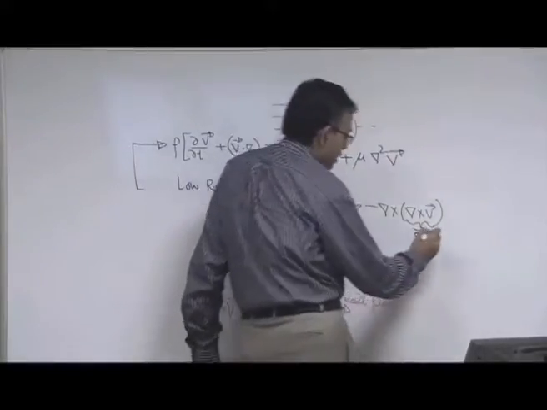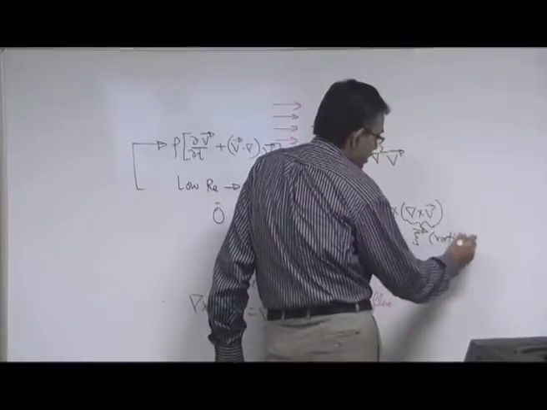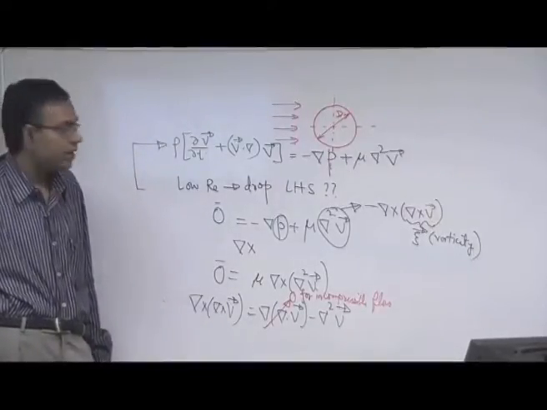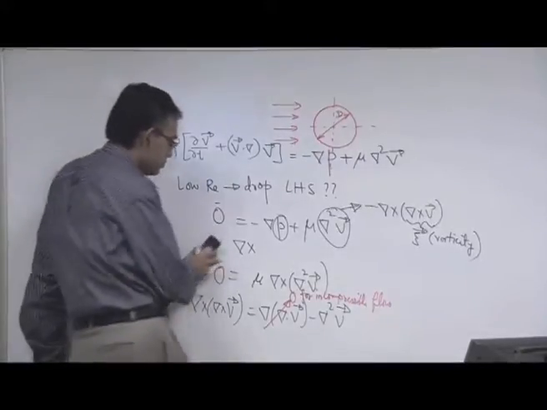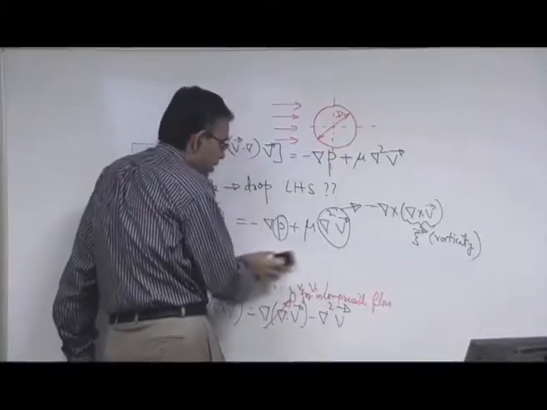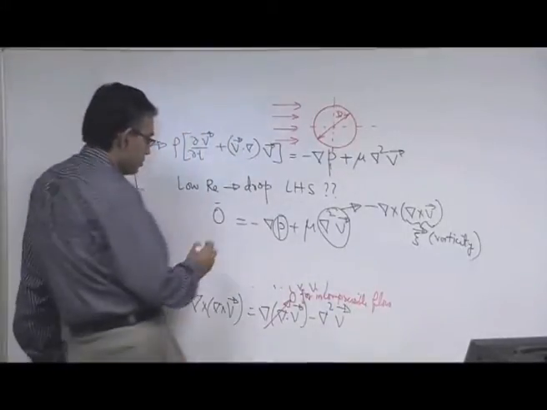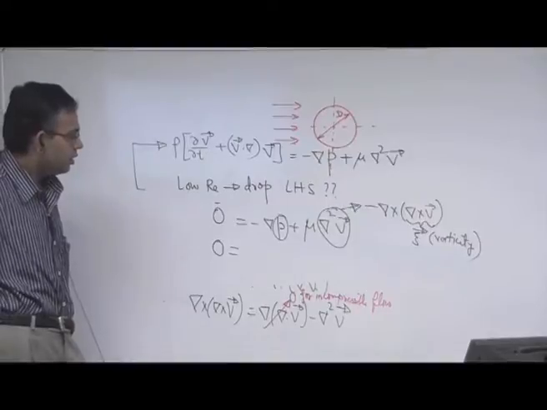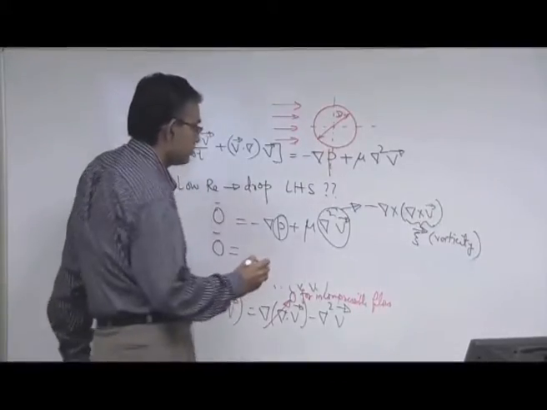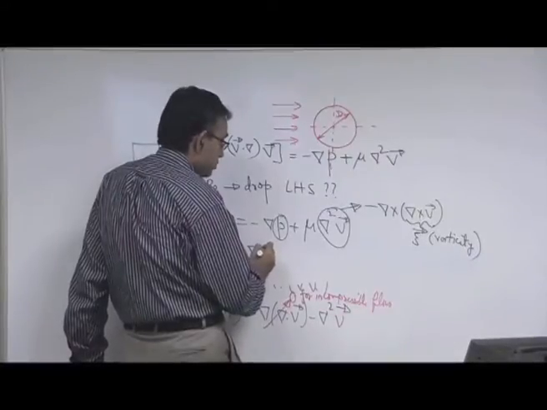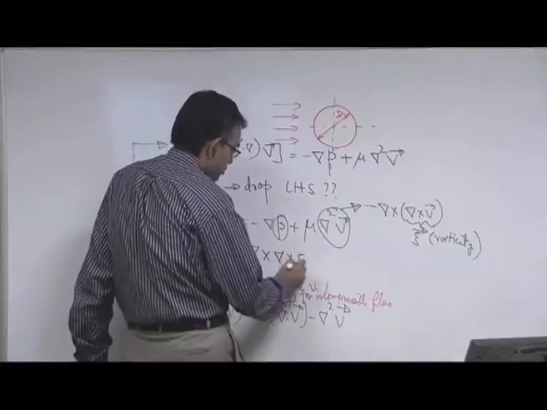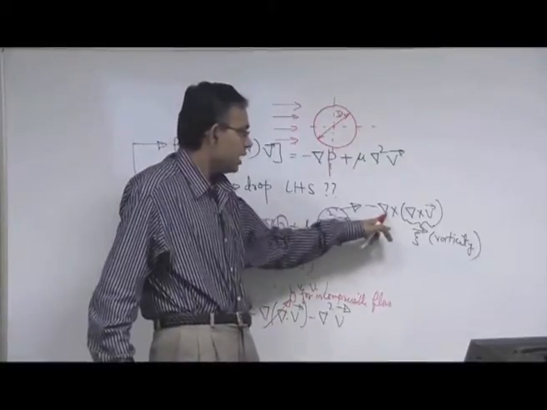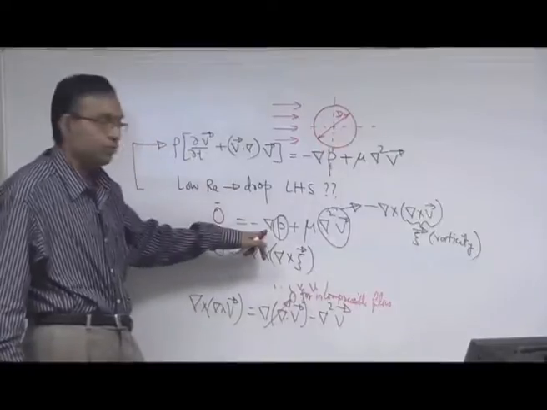Let us say zeta we use for vorticity. So, we can write this is curl of vorticity, and we have additionally taken a curl to make this term 0.